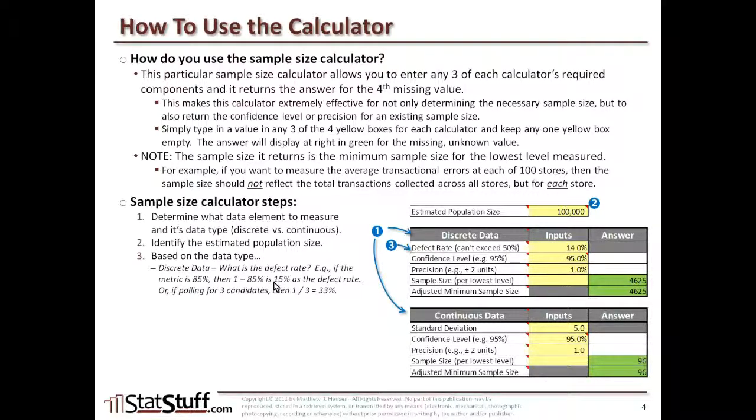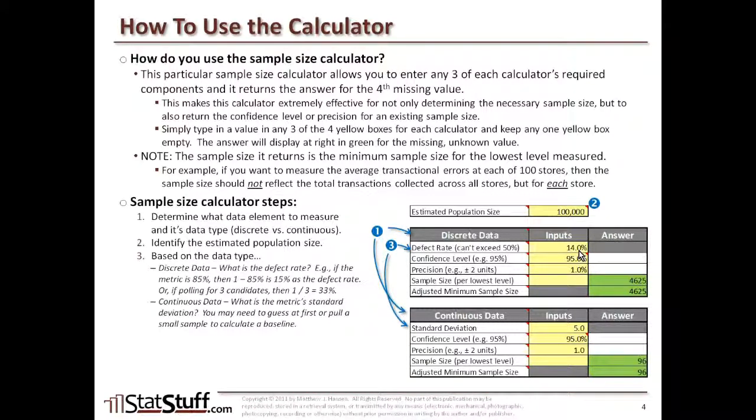But the fact that the portion is below 50%, that's the lower percentage you're going to represent within here. Or as we mentioned before, you can do 1 divided by the number of discrete values. So if you're polling for 3 candidates, then you can do 1 divided by 3, and you can plug in the value of 33%. Or as a worst case or most conservative level, you can plug in 50%.